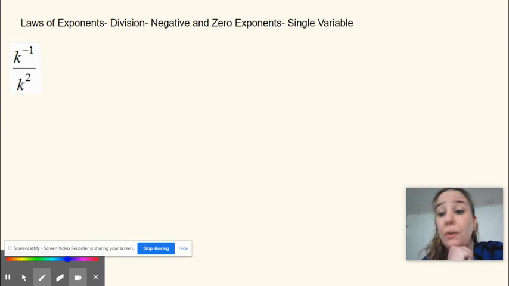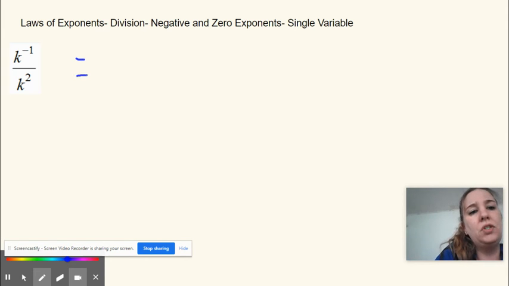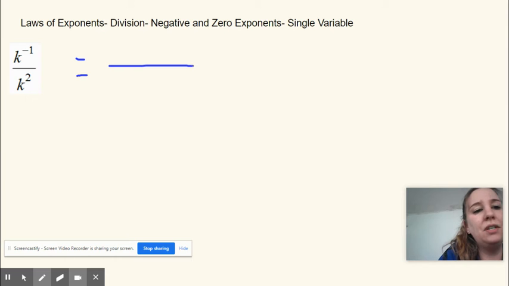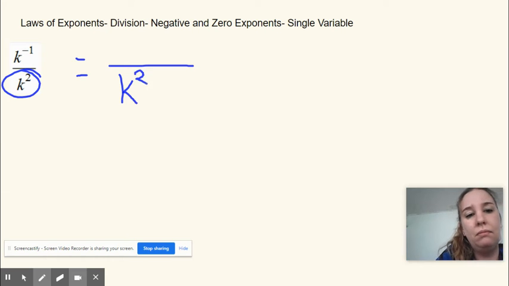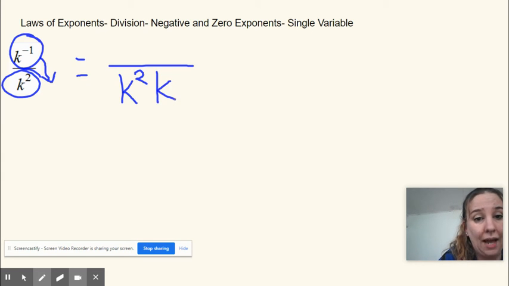All right, so here we have this negative 1 exponent. I'm just going to rewrite this one real quick because it's fine where it is. There's nothing wrong with k to the second being in the denominator, but this is not okay. So we're going to move down to the bottom and make it positive.